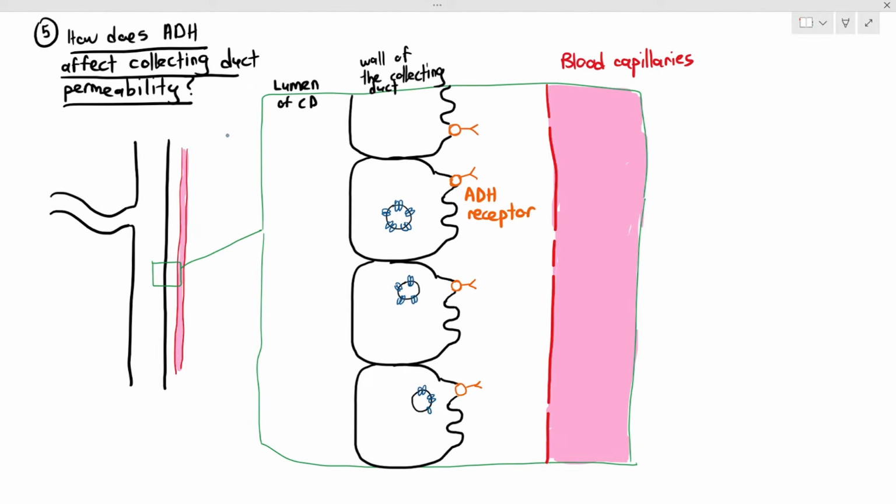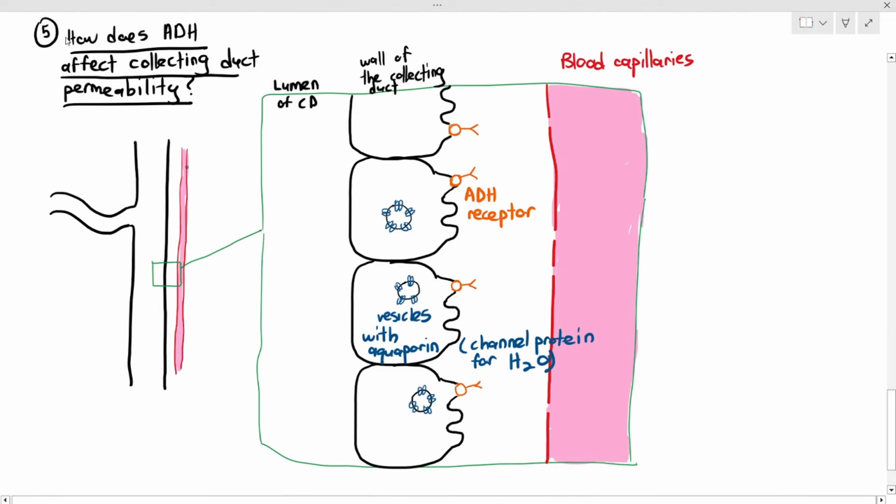But here, there are no substances inside the vesicle, but there are certain things on the vesicle membrane itself, and that is known as aquaporin. And aquaporins are just channel proteins for water. So that's weird. It's not inside the vesicle, it's on the vesicle membrane. There's a little bit of a distinction that you have to notice over there.